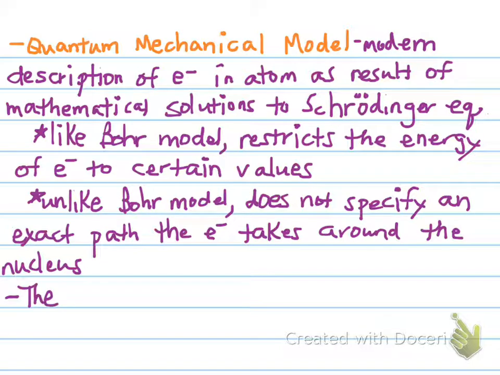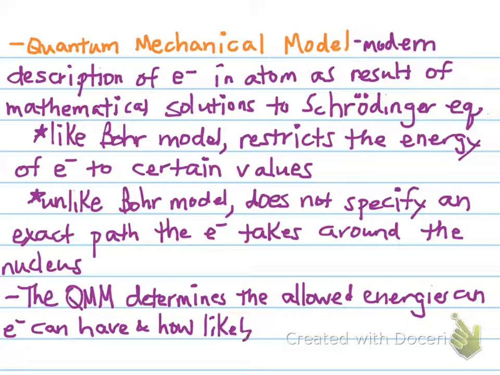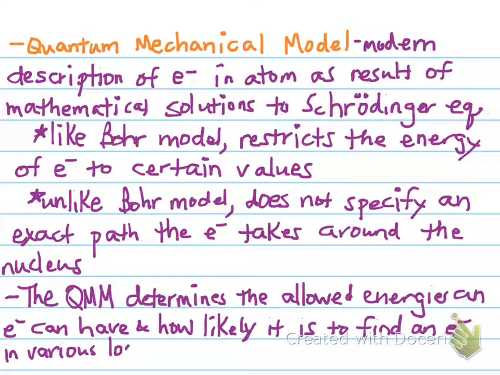Okay, the quantum mechanical model determines the allowed energies an electron can have and how likely it is to find an electron in various locations around the nucleus of an atom.